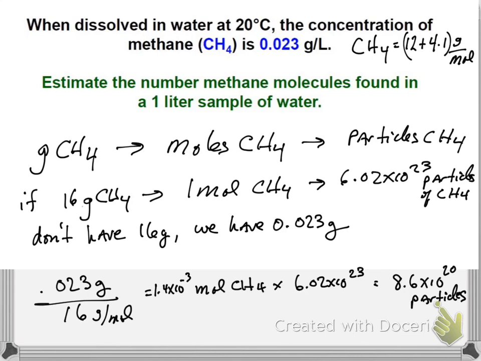So this is a really useful way to do the problems: you think about the problem and say, well, if I had the molecular mass, if I had 16 grams, I'd have 1 mole and 6.02 times 10 to the 23rd. But if you don't have exactly that mass, then you just take whatever you do have, divide it by the molar mass, and then multiply by Avogadro's number.